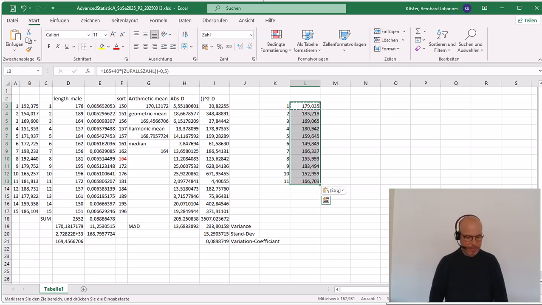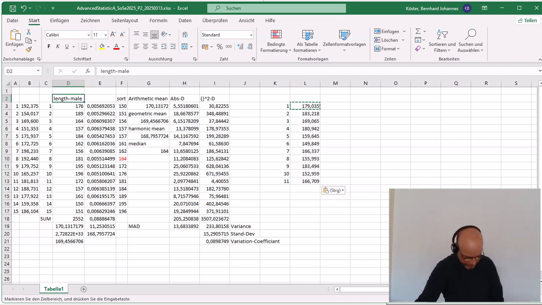Copying this formula downward, we obtain a data set for the length of female students.